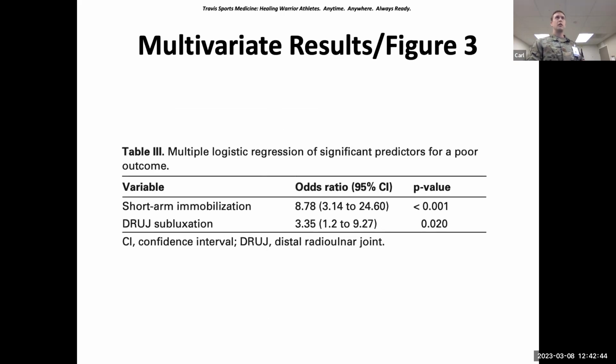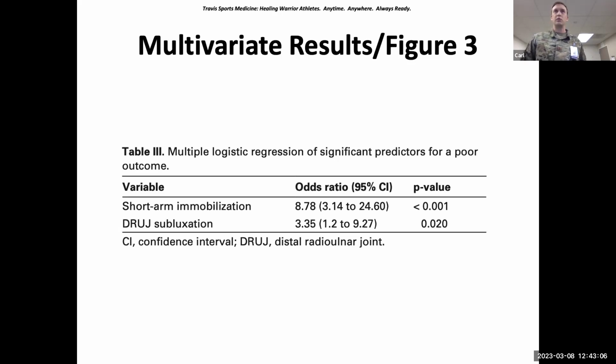So then they ran through the multivariate. Here is what was reported in the paper, and we'll get to that a little bit later. But when they tried to statistically take out as many confounding factors as they could, not doing the univariate study, they only got down to 2 variables that were statistically significant.